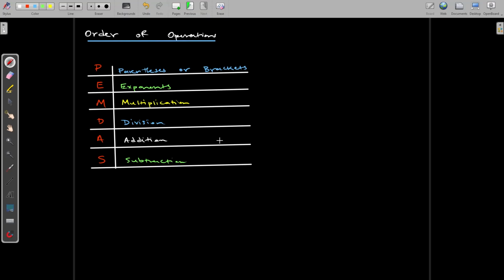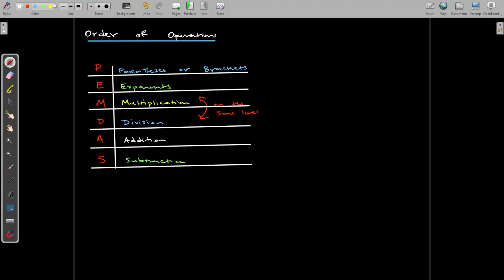Alright, so here's the thing. Multiplication and division, these are on the same level. So it's not like we're going to do the multiplication before the division. We just do whichever one comes first. So if the division comes first, we do it. If the multiplication comes first, we do it. So these two are on the same level.